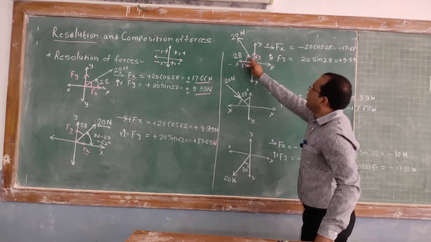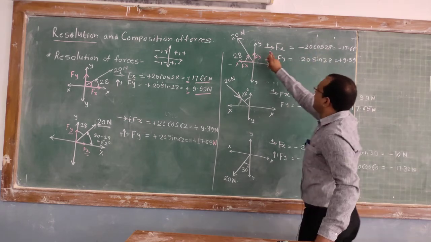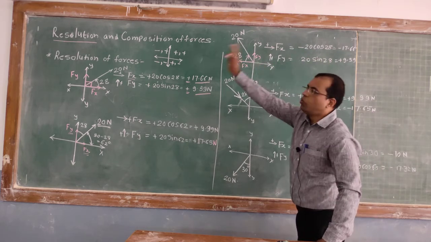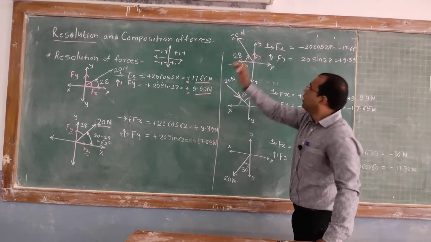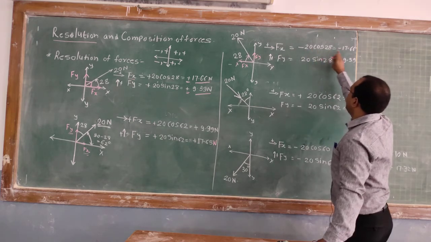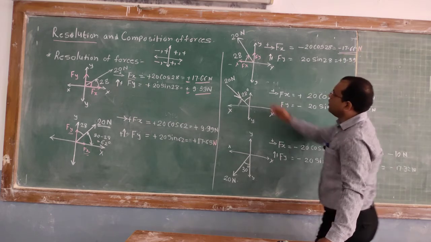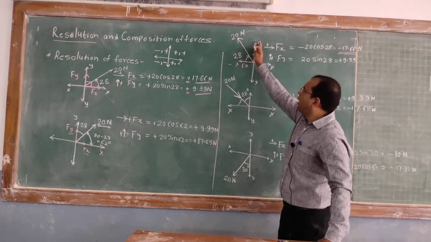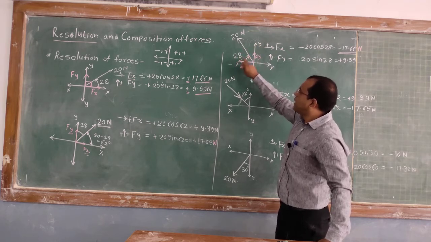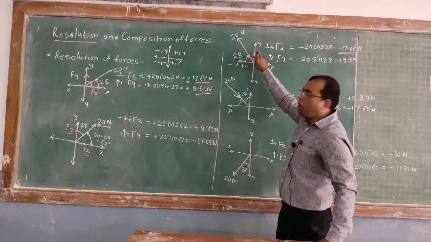So what is the x component? 20 cos of 28. But our sign convention is towards right is positive, and this force is towards the negative direction, towards the left, therefore it appears as a minus. So minus 20 cos of 28, its answer is 17.66 Newton. Similarly, resolve this force in the y direction. We know this angle, so 20 sine of 28 will give you the force in the y direction.